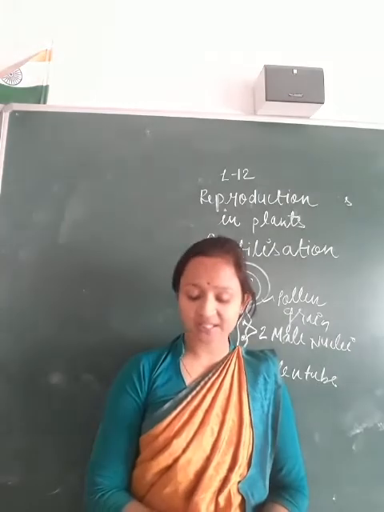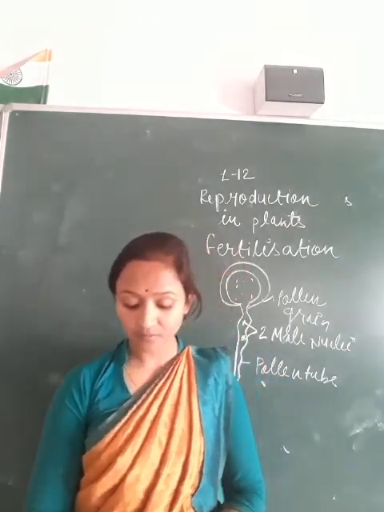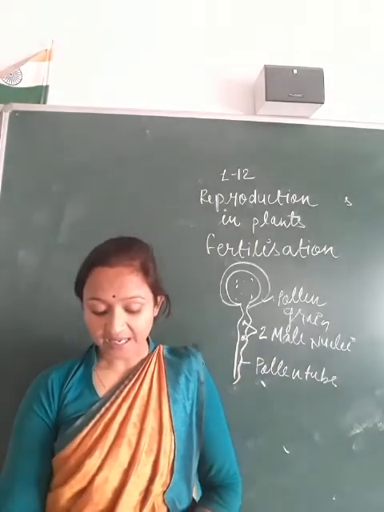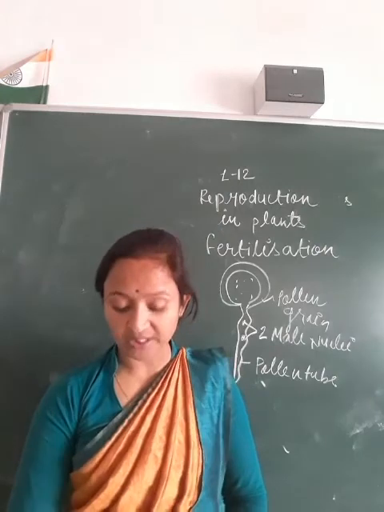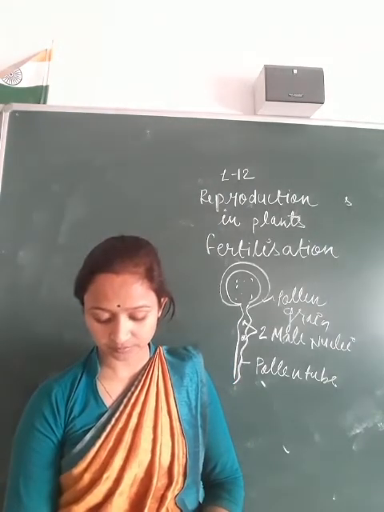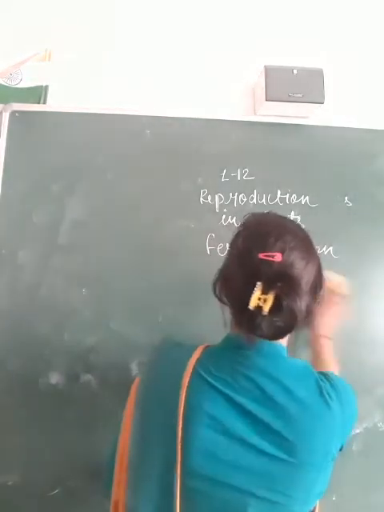The outer skin is called the epicarp, the middle fleshy portion is called the mesocarp, and the inner stony wall is called the endocarp. I will draw the diagram.